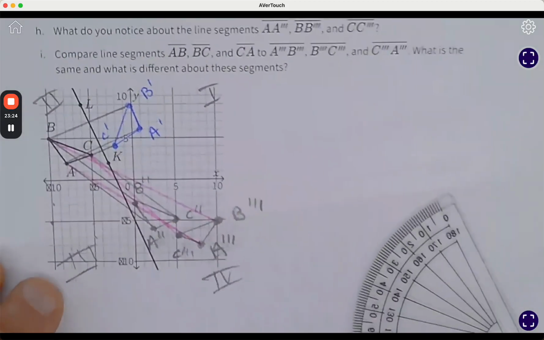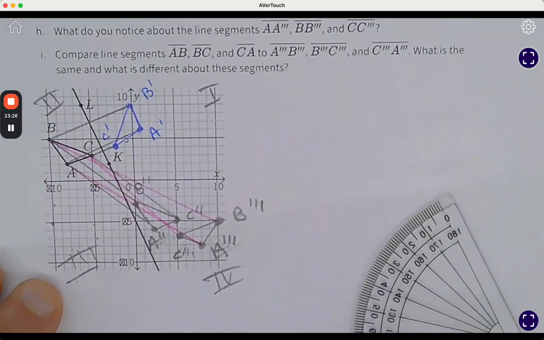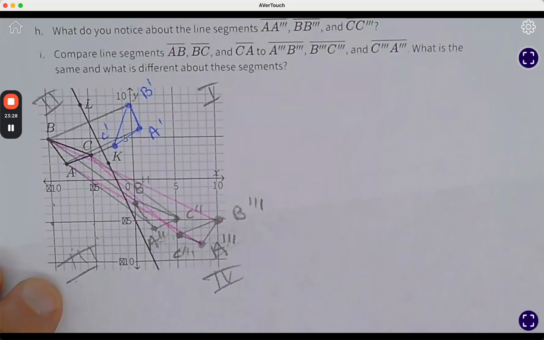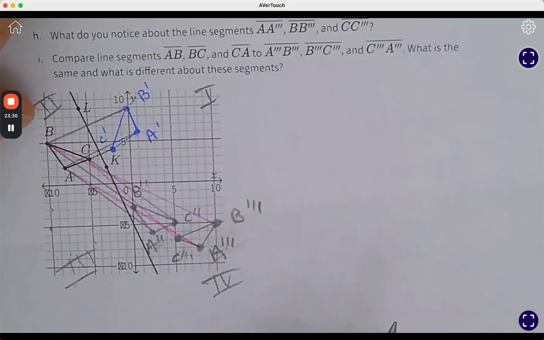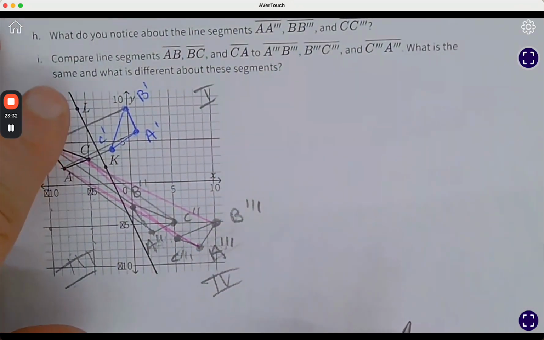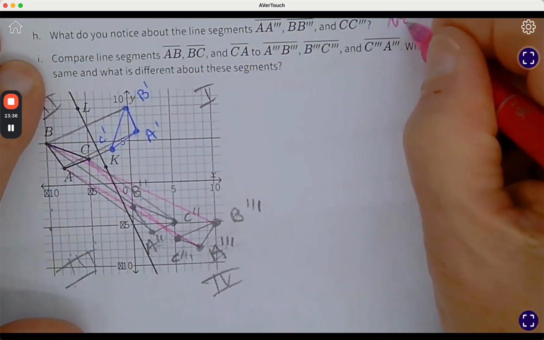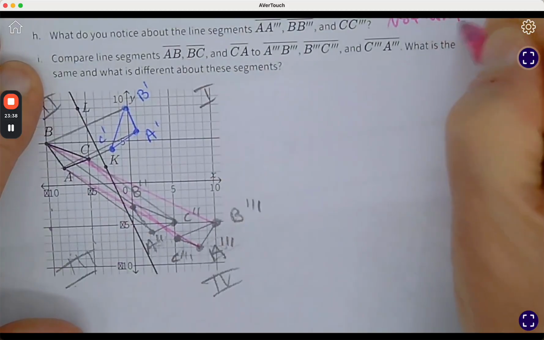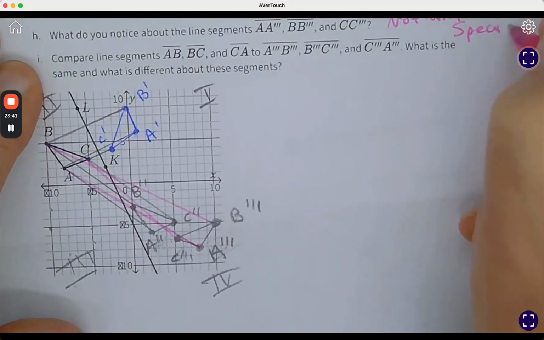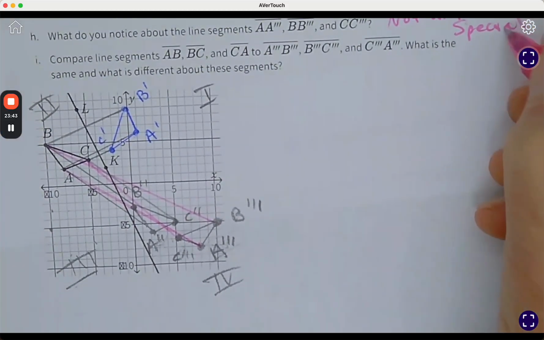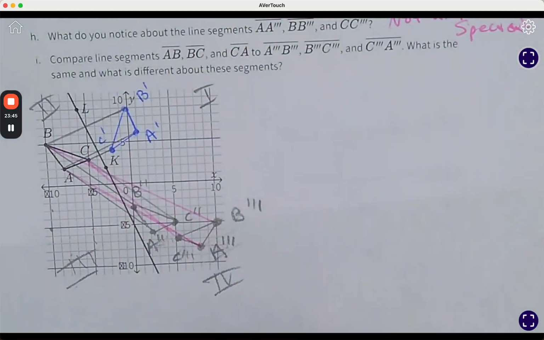And there's that. I don't see a relationship. Nothing special. They're not parallel. They're not perpendicular. I just am not seeing any relationship at all there, okay?